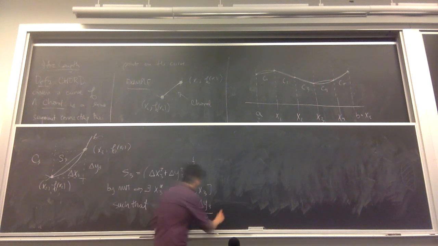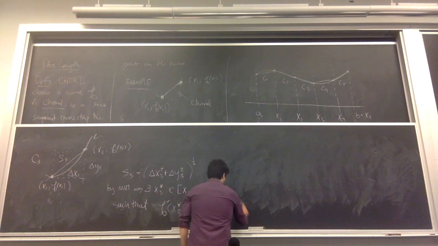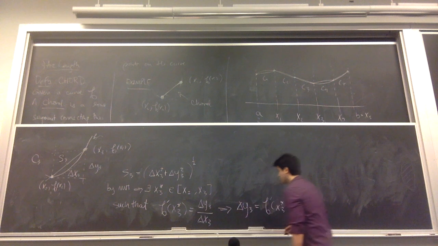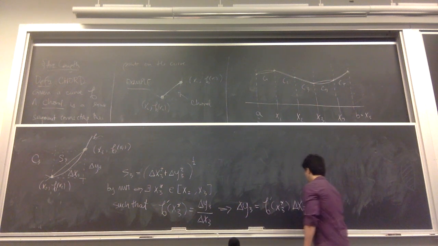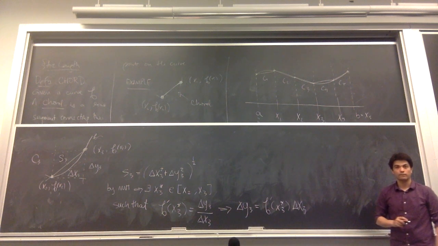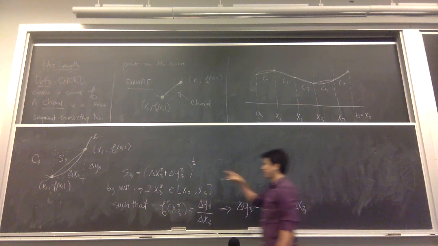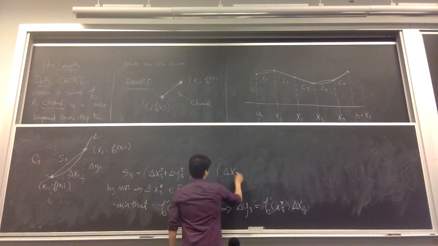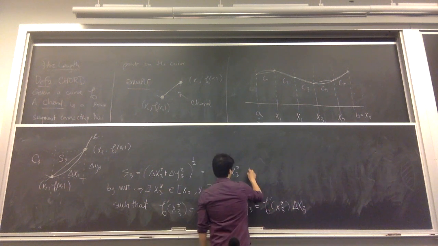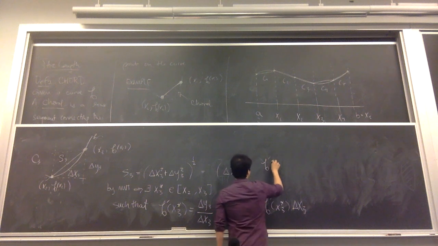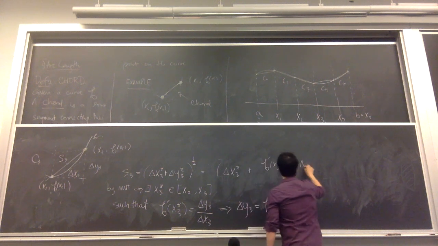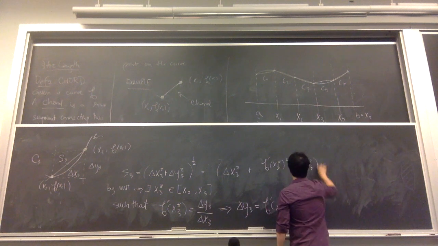From this I can deduce that the change in y3 is equal to f prime of this sample times delta x3, right? Okay, that means I can simplify this to the square root of delta x3 squared plus f prime of x3 squared times delta x3 squared.